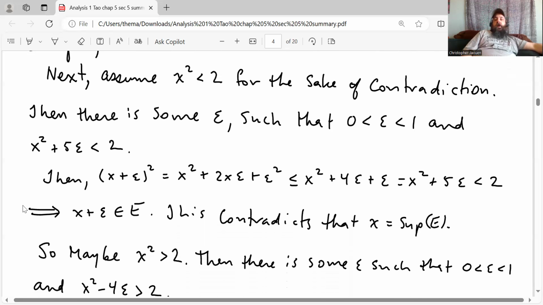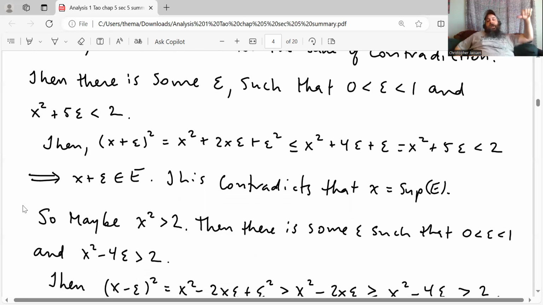Then there's some epsilon such that epsilon is greater than 0 and less than 1, and x squared plus 5 epsilon is less than 2. We can do that because x squared is less than 2 by assumption.